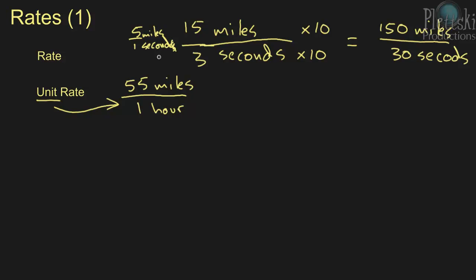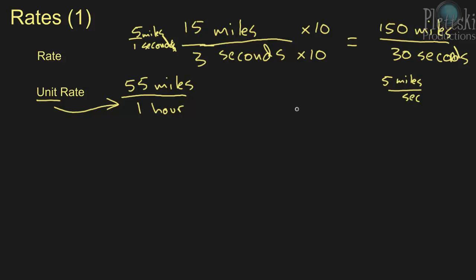So 5 miles per second. And then this other one, 150 miles per 30 seconds. And I misspelled seconds there. There's an N. So 150 miles per 30 seconds can also be reduced to 5. So 5 miles per second. Okay, so that's unit rate.